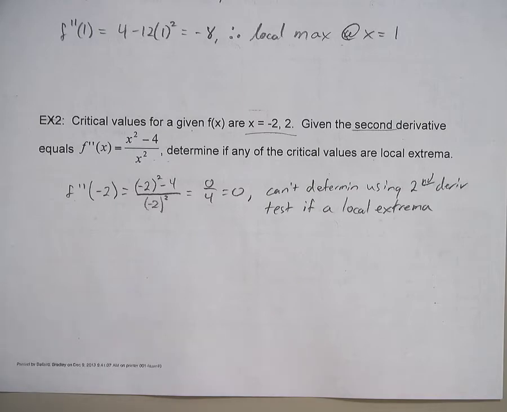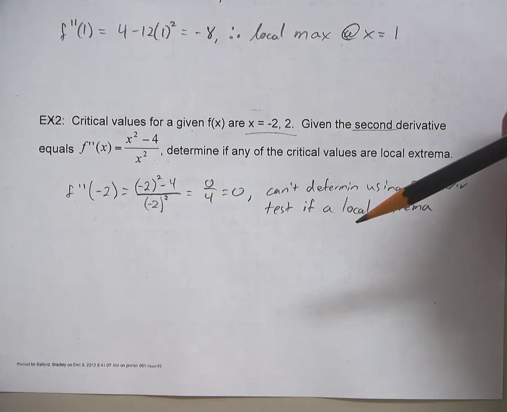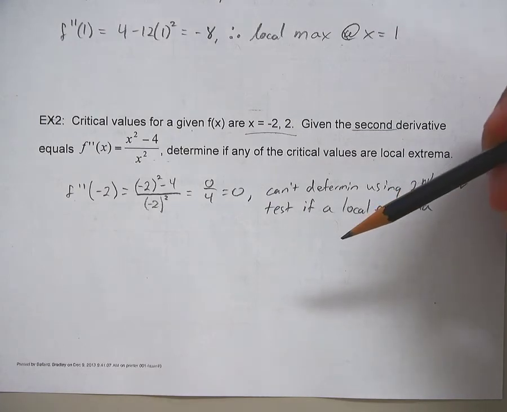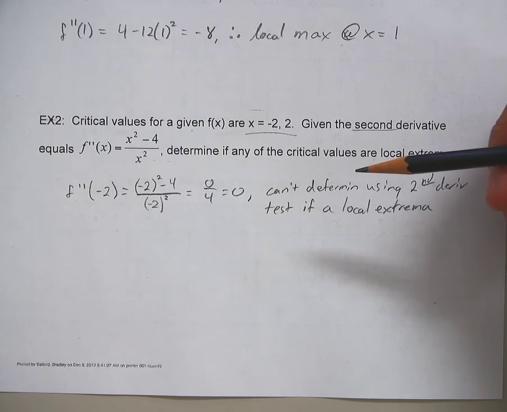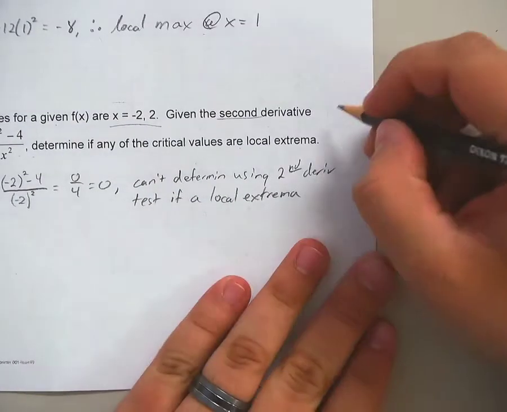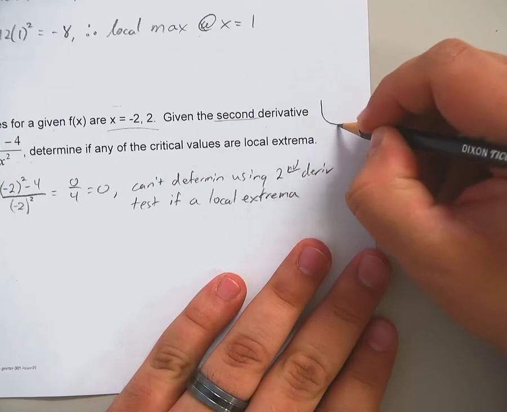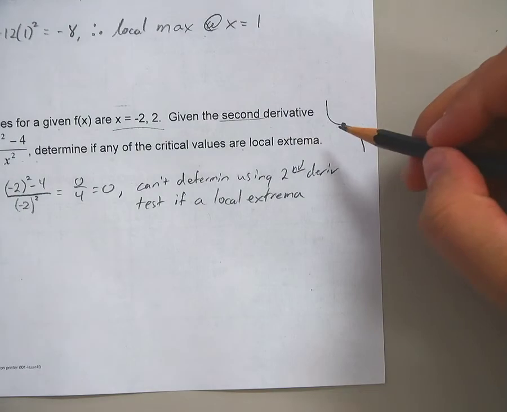Yikes! Now, an example of when this might happen is if you have not a maximum or a minimum value, but a point of inflection, for example. That's when this would come about. If you have a point where it changes concavity, in other words, if it goes from something like this, see, that's still a critical value.